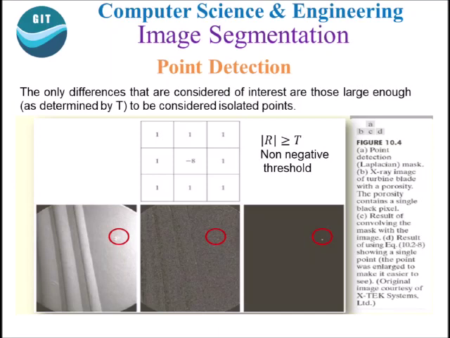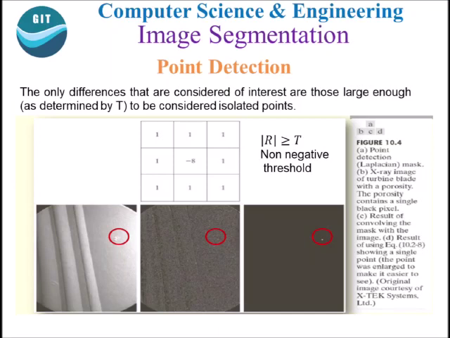We compute the value of R. We say that a point is located at a location x, y in the original image if the absolute value of the corresponding R is greater than a certain threshold T, where T is a non-negative threshold.